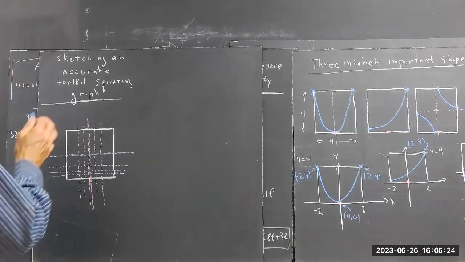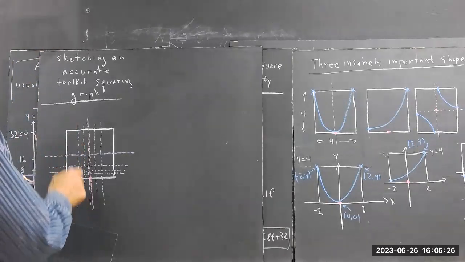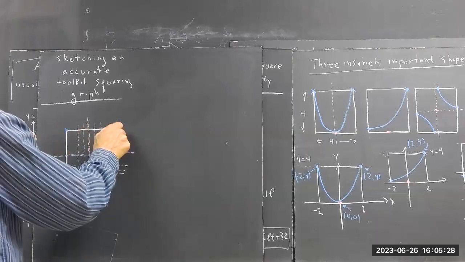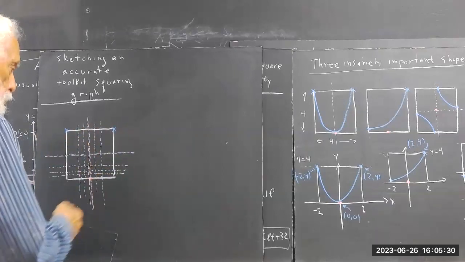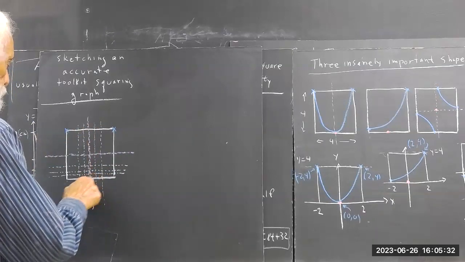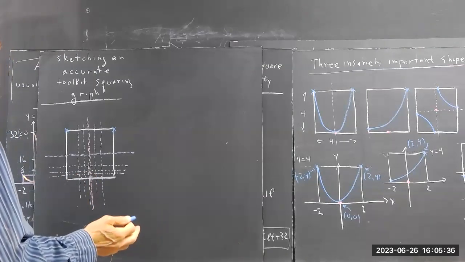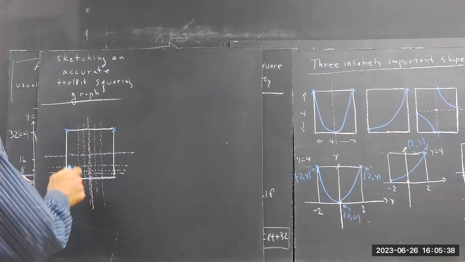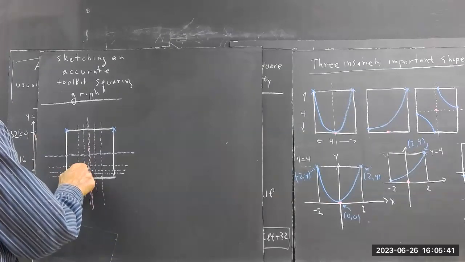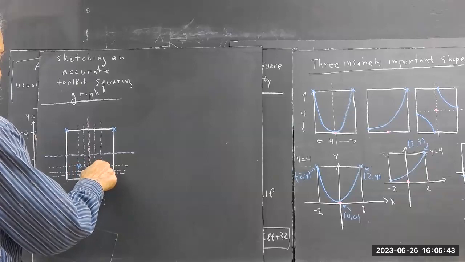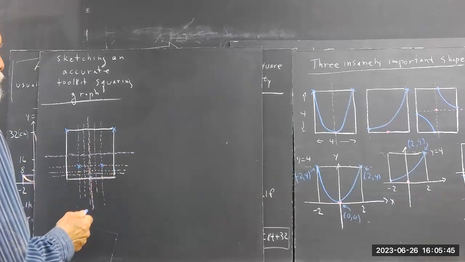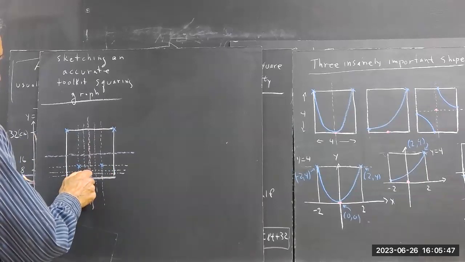Now, the graph, as we know, goes through this point and this point. It's a toolkit squaring function. Of course, it goes through the red dot. Which next point does it go through? It goes through this point here. Then what's the next point? Well, it goes all the way down here.